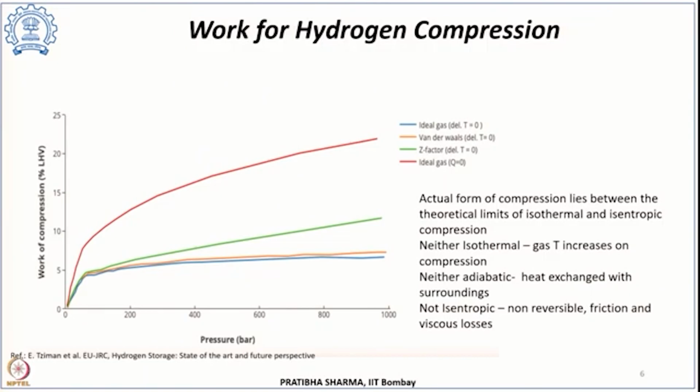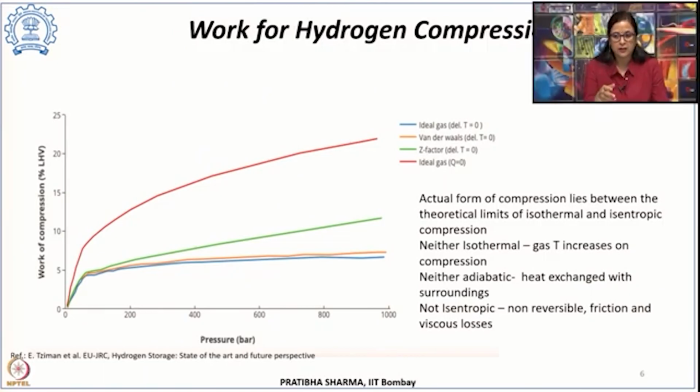The reason being, as we compress, the temperature of the gas increases on compression, so we cannot keep it isothermal. Neither is it adiabatic, because there will be heat exchange with the surroundings. Neither is it isoentropic, because in an isoentropic process the process is considered to be reversible, but the actual process is a non-reversible process.